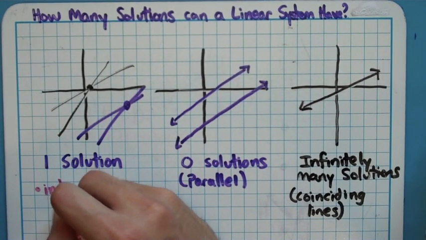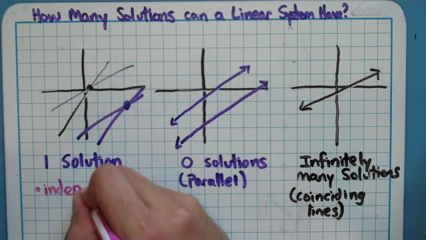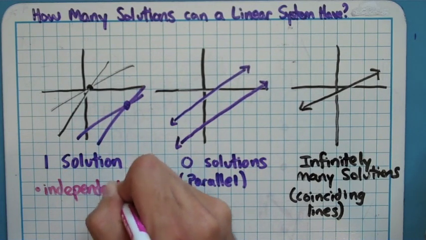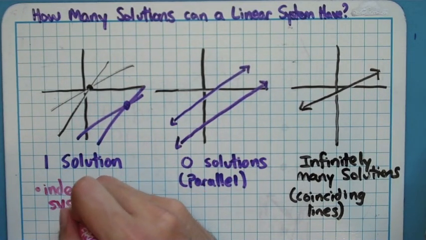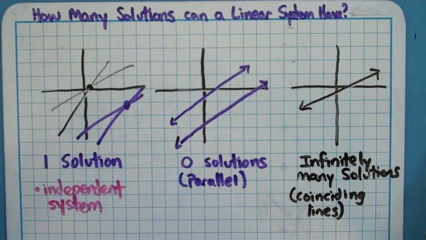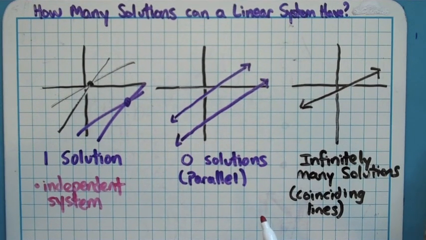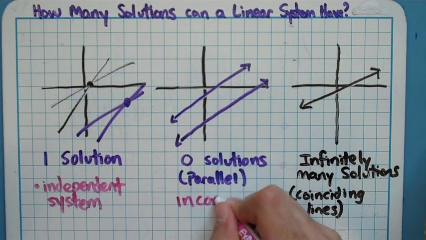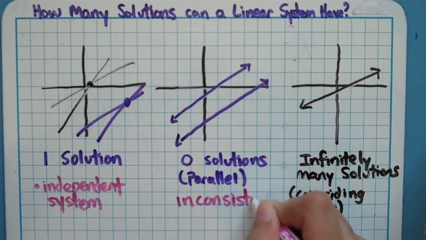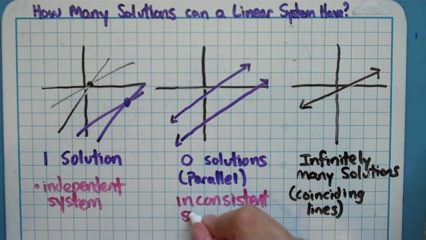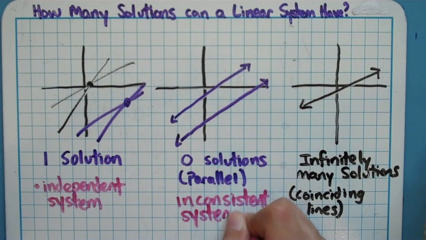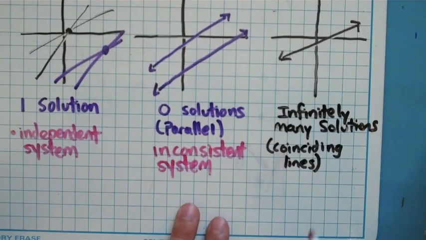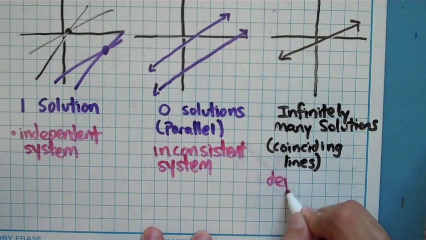So if we have just one answer, it's called an independent system. In a situation where we have no answers, like the parallel line problem right here, this is called an inconsistent system. And finally, a situation where you have infinitely many solutions is called a dependent system.